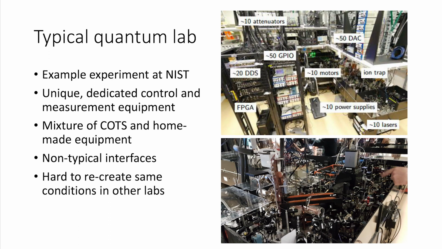And then another lab wants to recreate the measurements, for example. They have to build a similar setup, and there are lots of problems, and it sometimes takes years to recreate essentially the same conditions.